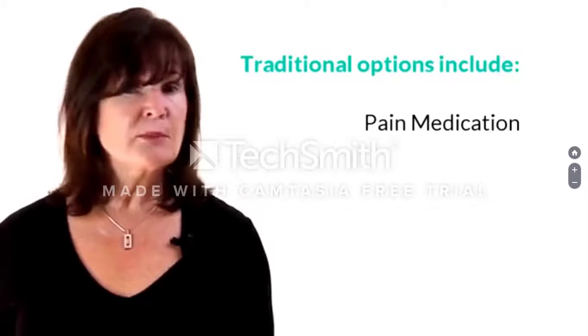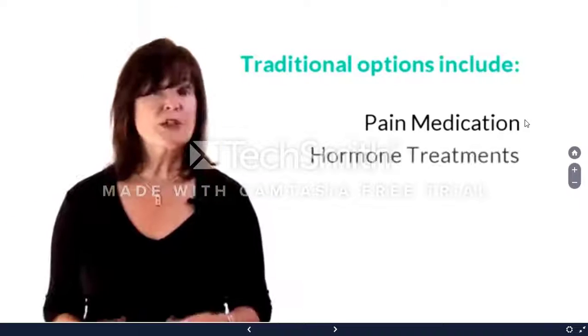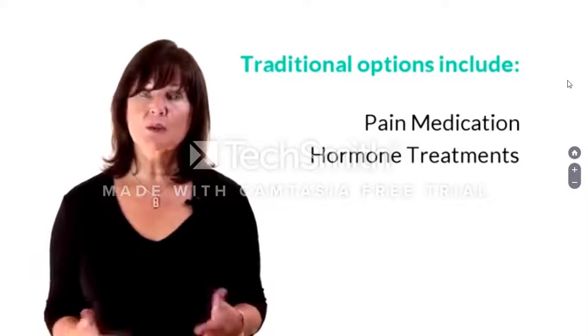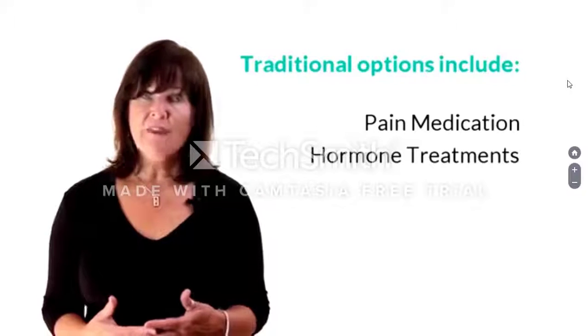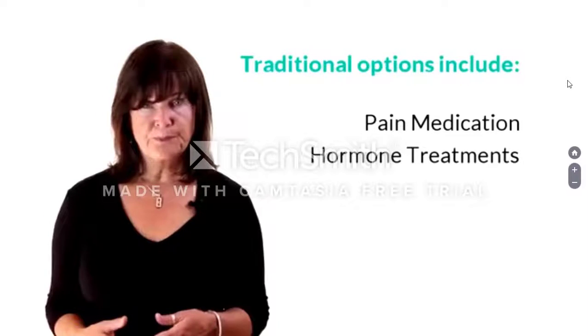It is important to note that pain medications will not treat the actual disease, though. Patients are given hormone treatments. Endometriosis is often associated with elevated levels of estrogen, therefore making hormone treatments a common path doctors pursue.